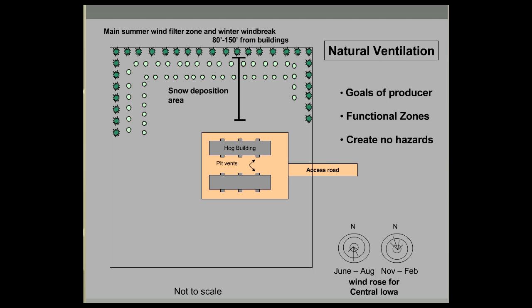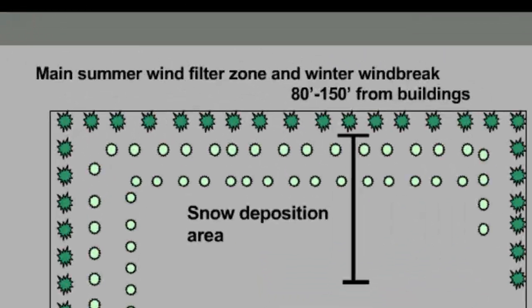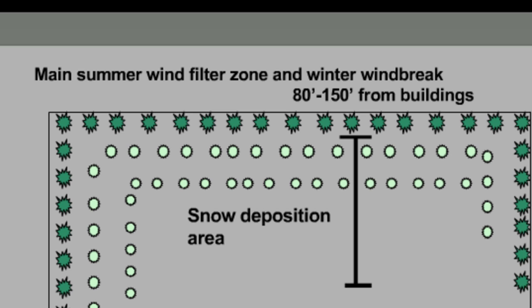Just very briefly, thinking of functional zones, here's a belt that might be appropriate for this kind of a naturally ventilated system. Notice that there are some general rules of thumb here. We've got some distances that might be considered minimum distances from the building so that they're not too close and going to cause a snow deposition area.